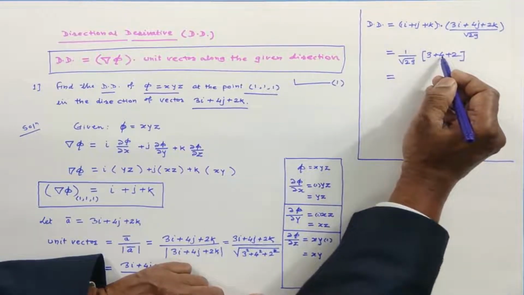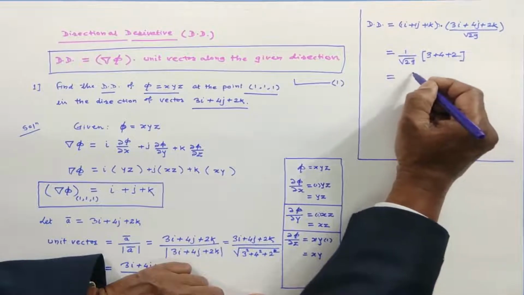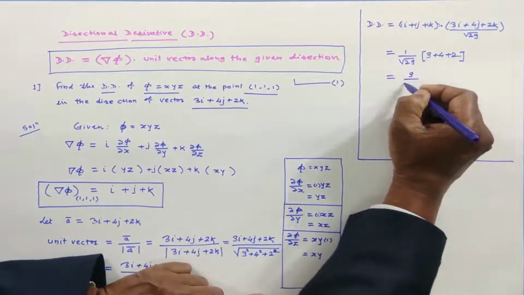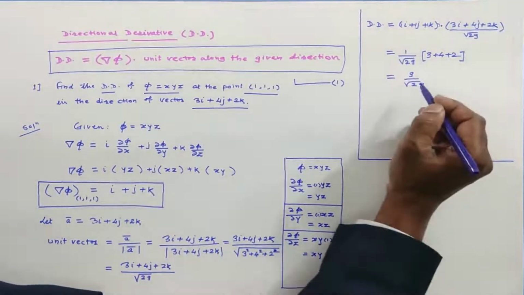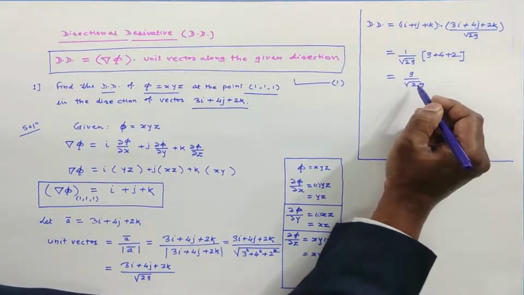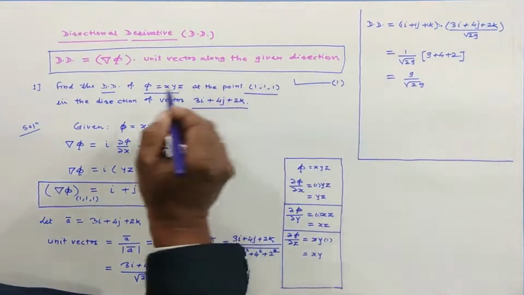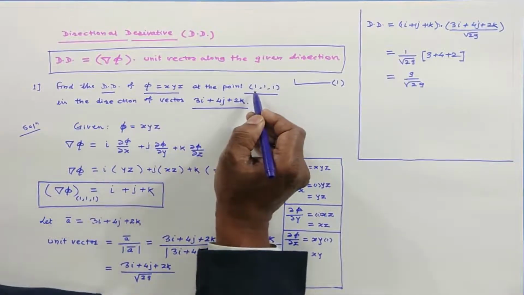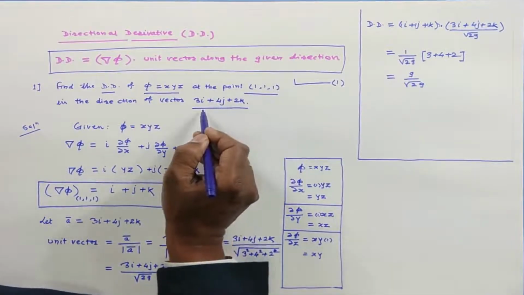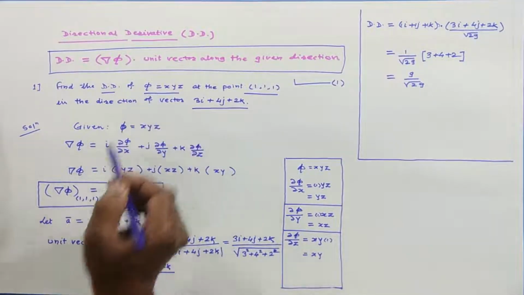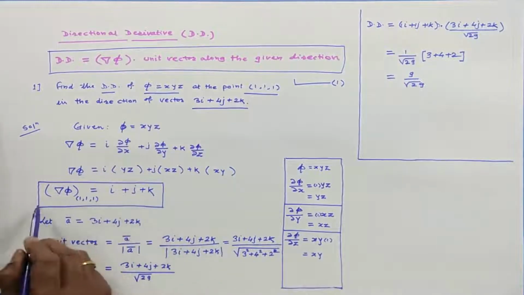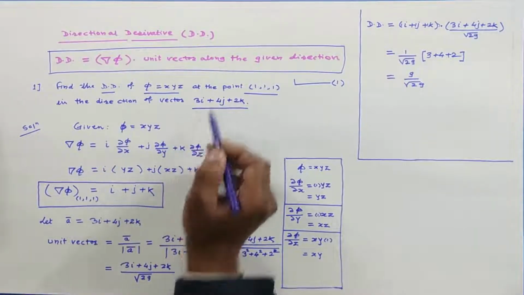Now 3 plus 4 plus 2 is 9, and this comes to be 9 by root of 29. 9 by root 29 is the directional derivative of this function at this point in this direction. We found the gradient of phi, then the unit vector along this vector.